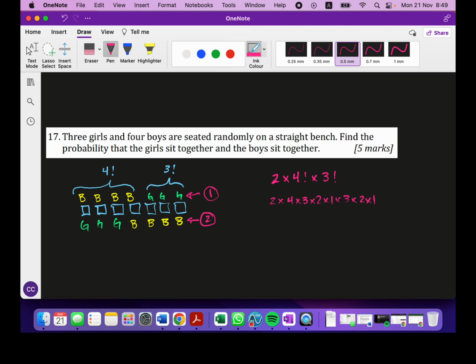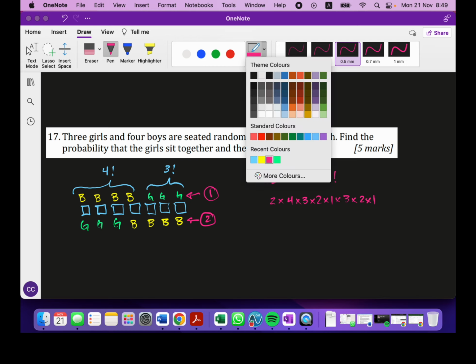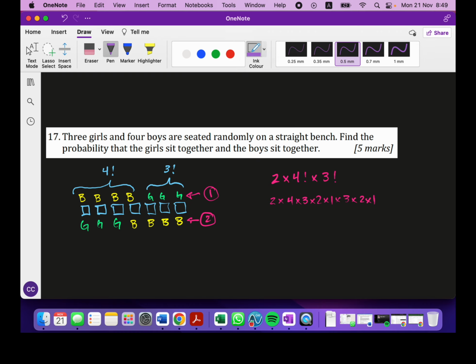So now we just have to figure out the total over which this happens. Well, if there's 7 people all together, then the number of ways that we could arrange these, the possible combinations, well, if there's 7 people, then it's 7 factorial.